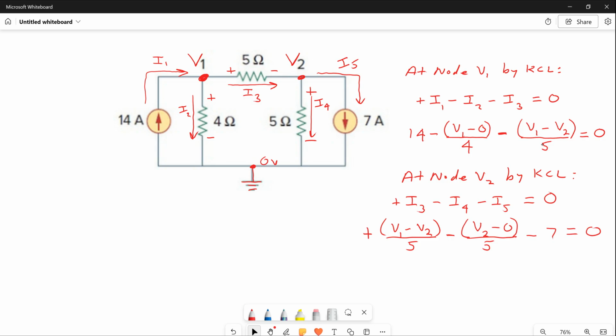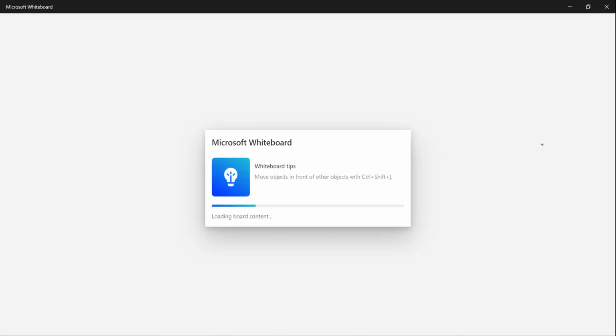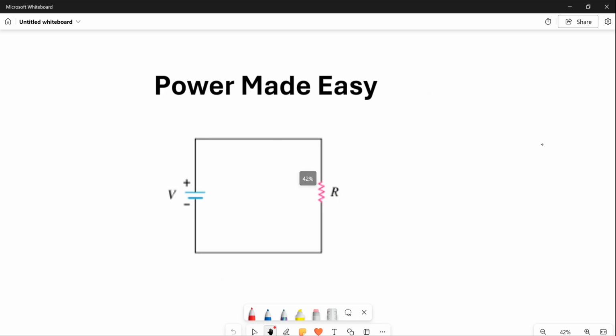Now, let's take a look at power and see how you can use the passive sign convention on power. Power made easy. Here's a simple series circuit.